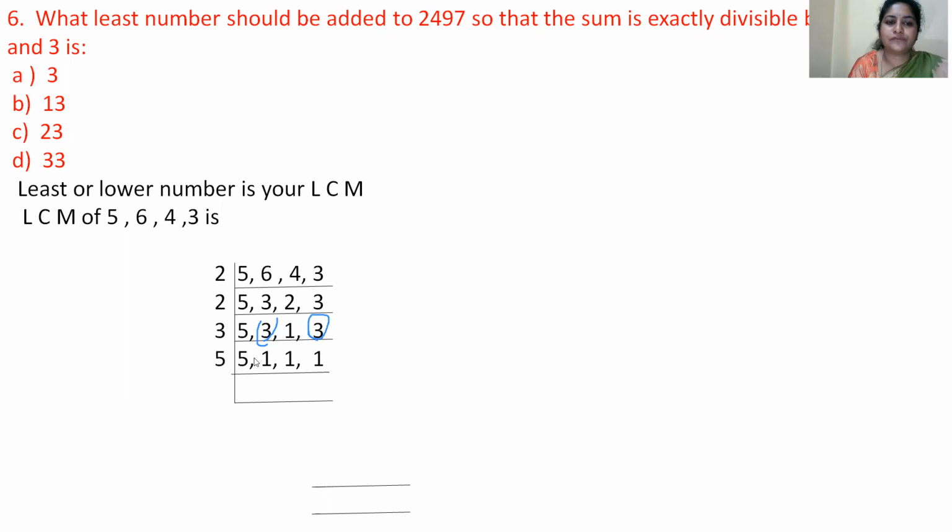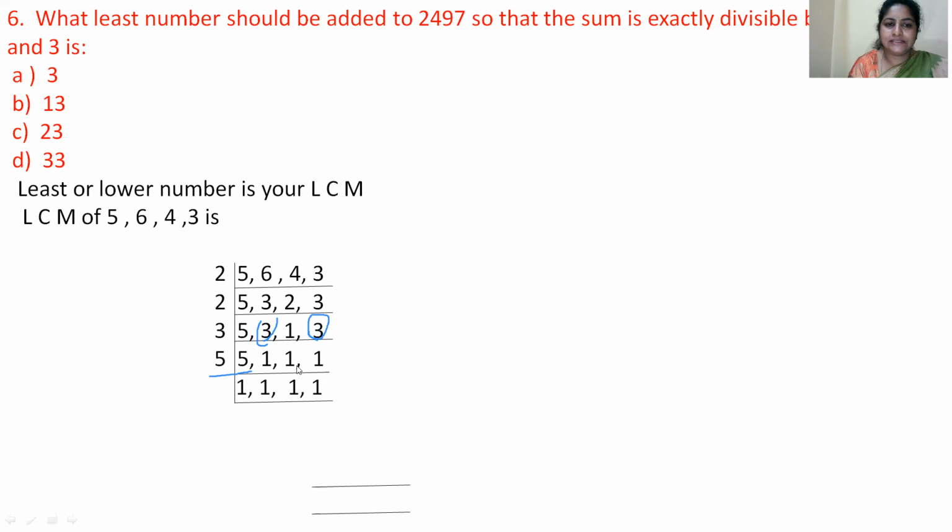Now we are left with only one number, that is 5. So here we have no option, so we divide it by 5 itself. We can divide 5 by 5 itself to reach our destination, that is 1, 1, 1, 1.